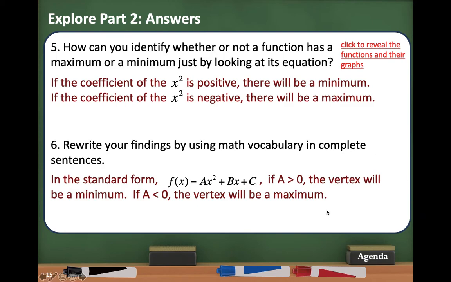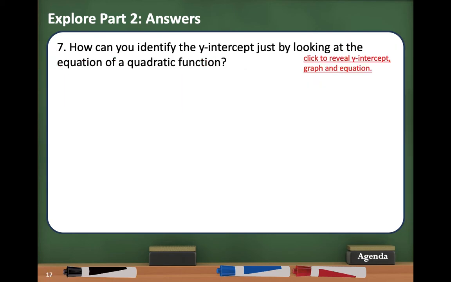Quadratics have a standard form of f of x equals ax squared plus bx plus c. So if a is greater than 0, right, positive, minimum. If the a value is less than 0, maximum. So positive a values, minimums. Negative a values, maximum. Kind of flip-flops, right? Cool.